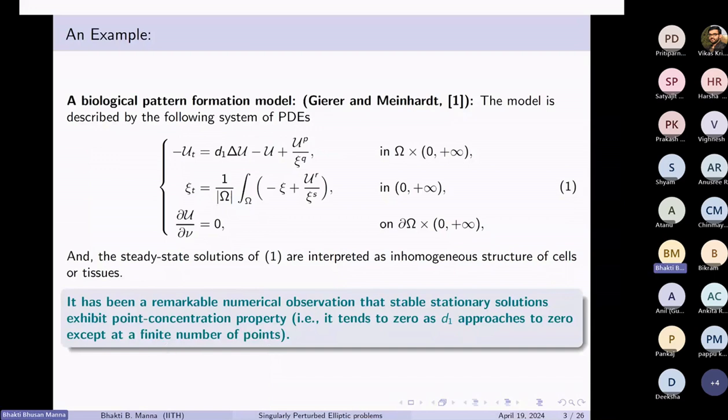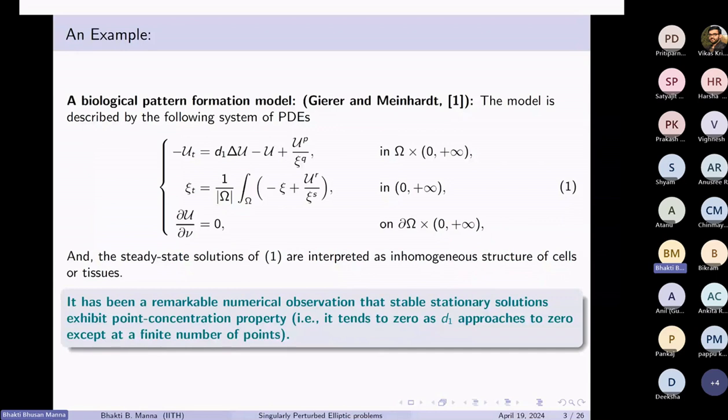So this is something which is known as the concentration phenomenon. Everywhere except a few points, the solution vanishes. I mean, not exactly vanishes, but almost vanishes. There is very little presence of the solution there in the boundary.